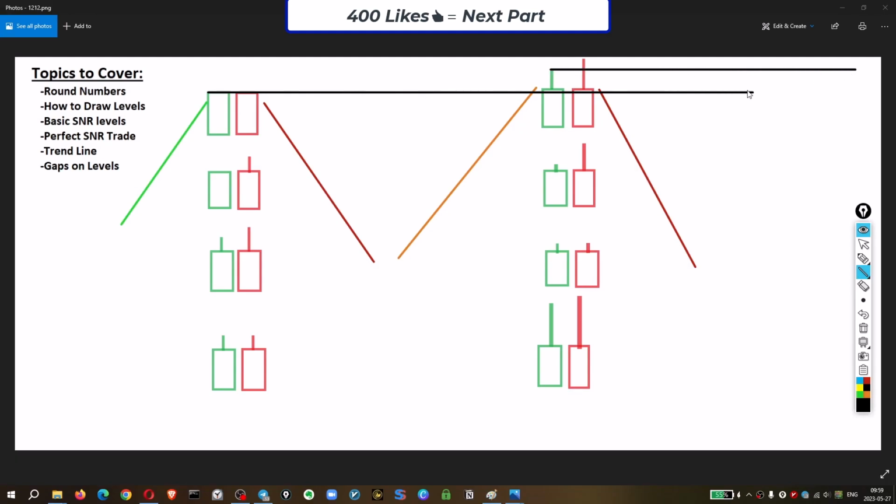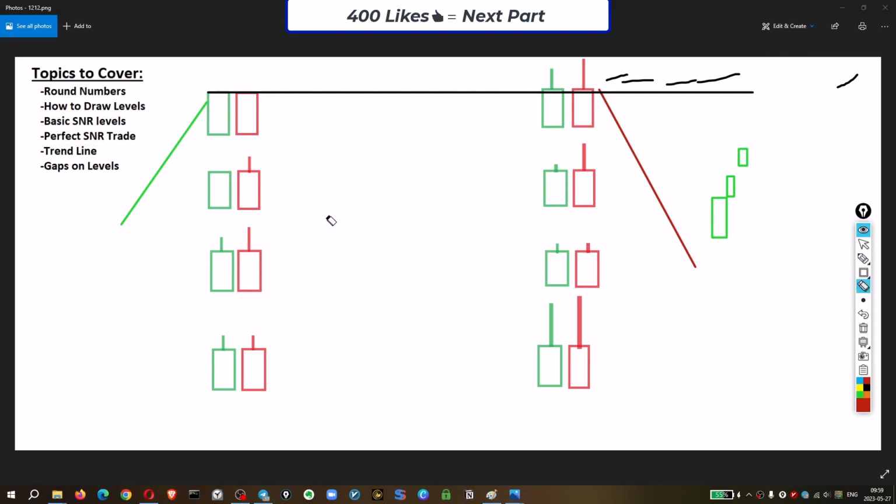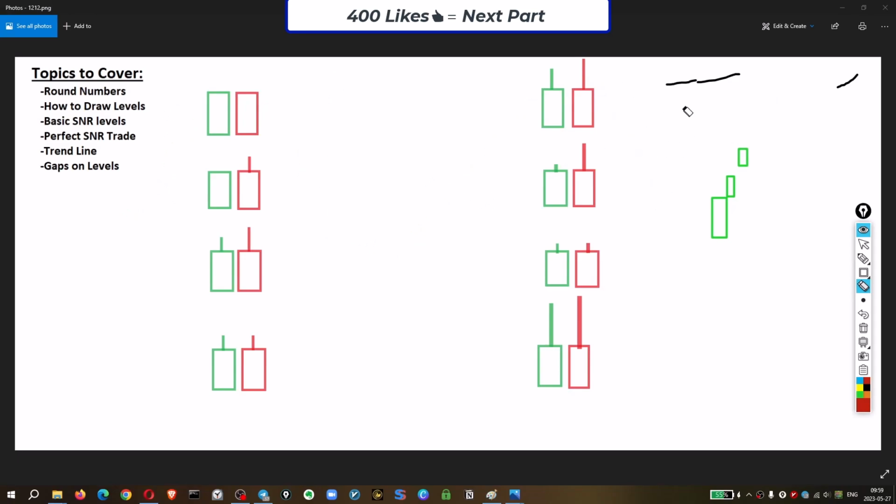So this is going to be your level as the next seller's entry. So when we have green candles coming up and closing on this level, we go with the sellers for the next candle, okay? This is how, and I will show how to draw the levels when we have different kinds of shadows.